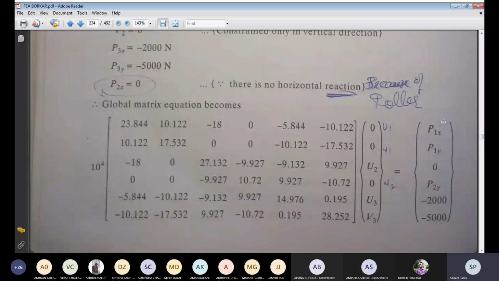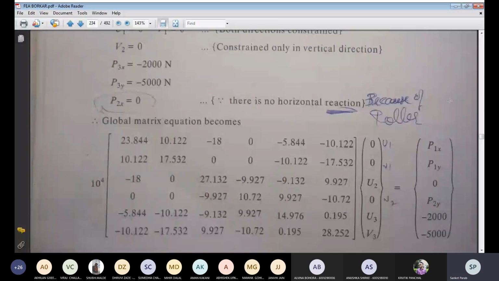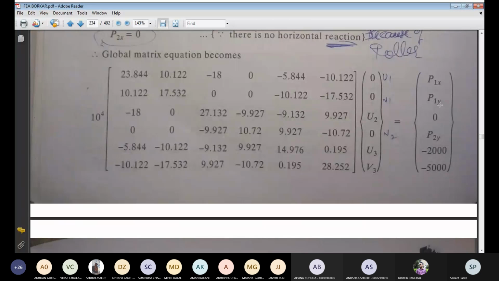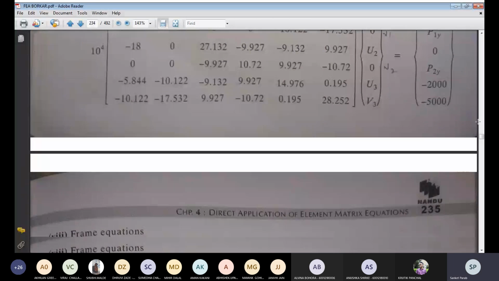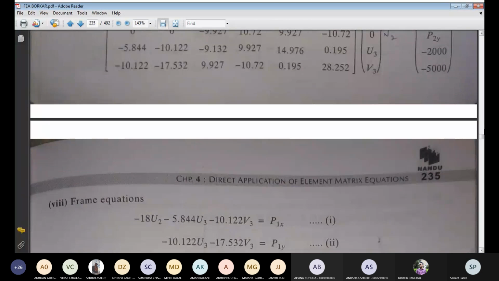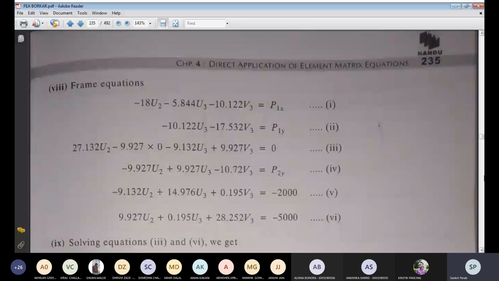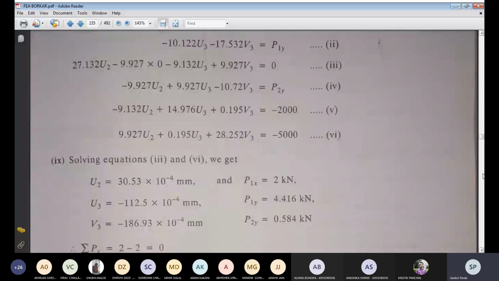Calculation is done for U2, U3, V3. Yes, sir. Then you should tell me when it is done. See whether you are getting the same values for U2, U3, V3, P1x, P1y, and P2y.